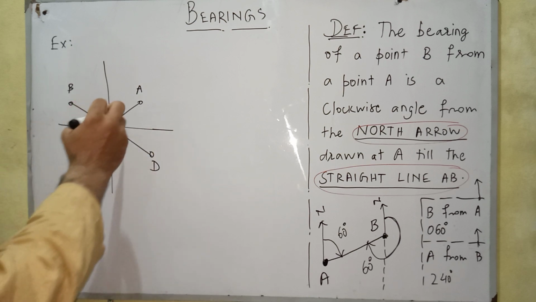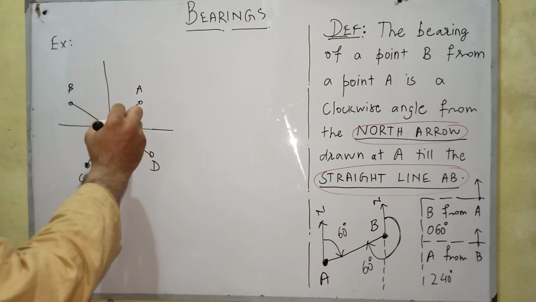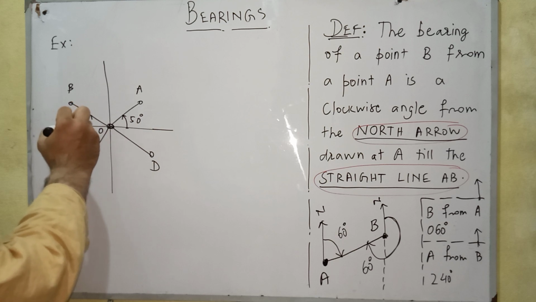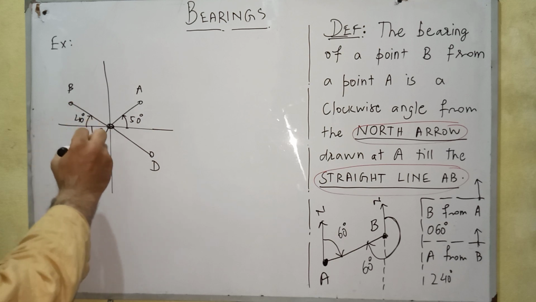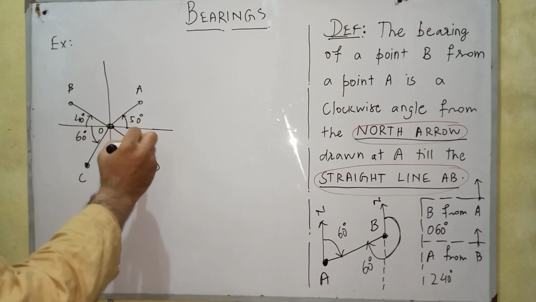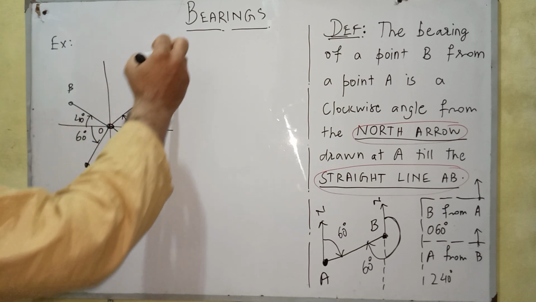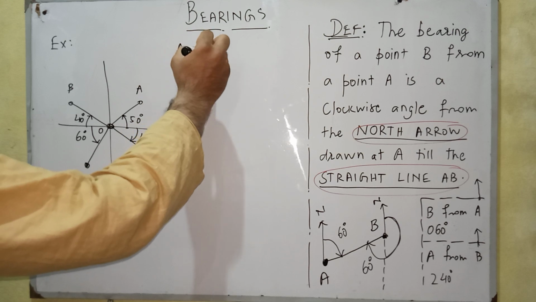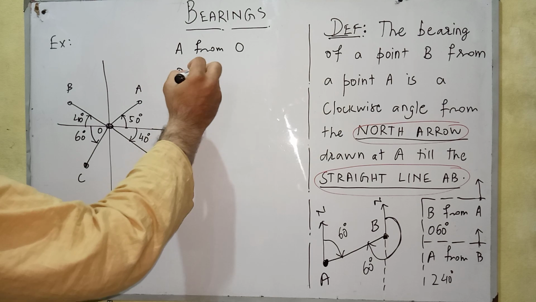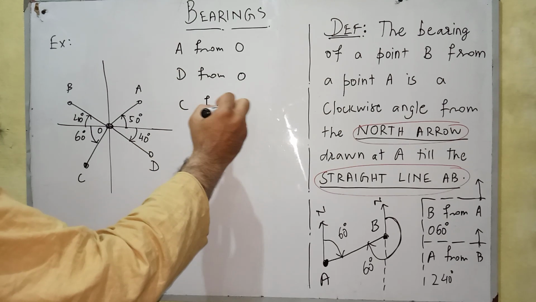Let's suppose this angle is 50 degrees and this is 40 degrees and this is 60 degrees and this is 40 degrees, and we need to find the bearing of A from O. We need to find the bearing of A from O and then D from O and then C from O.